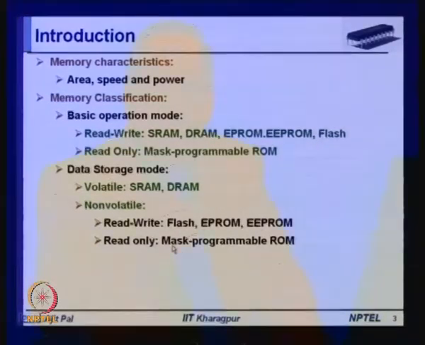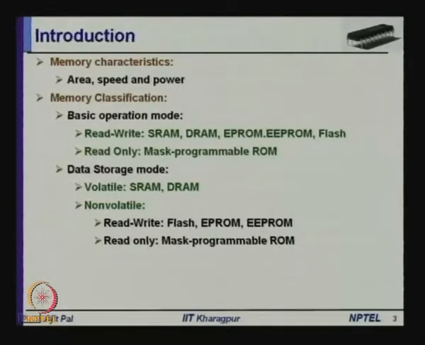So, in a computer system or any other system, we will find there is need for both volatile and non-volatile memory. Certain information are kept permanently and certain information are stored as they are used during normal mode of operation. So, both are required in a system.